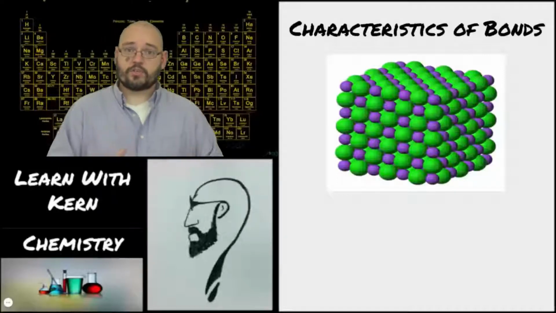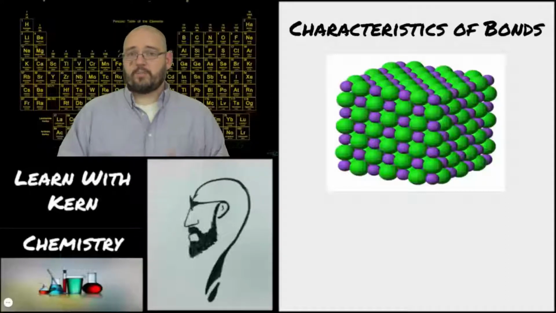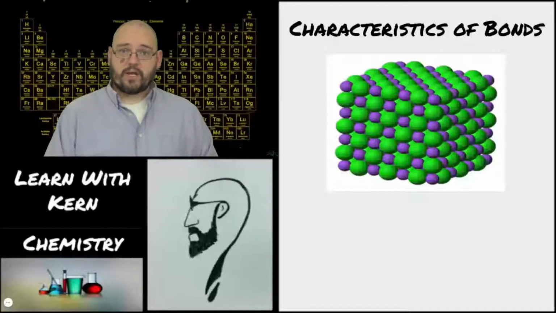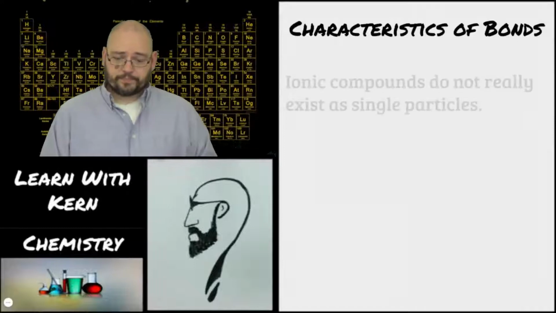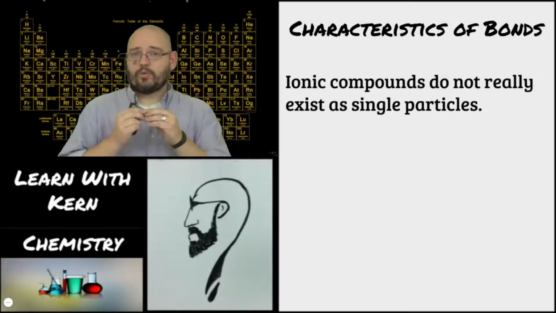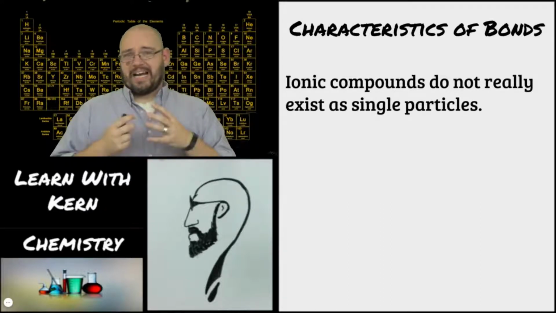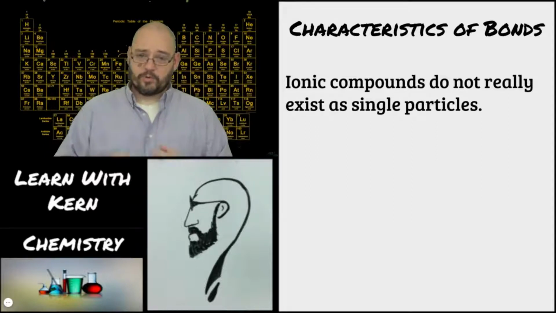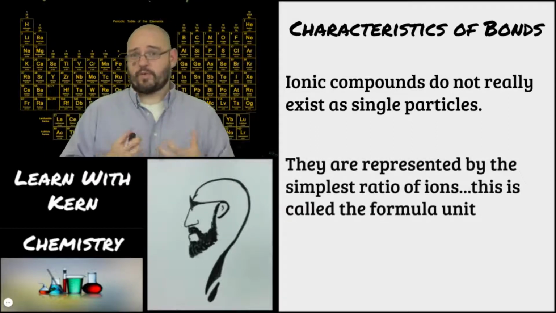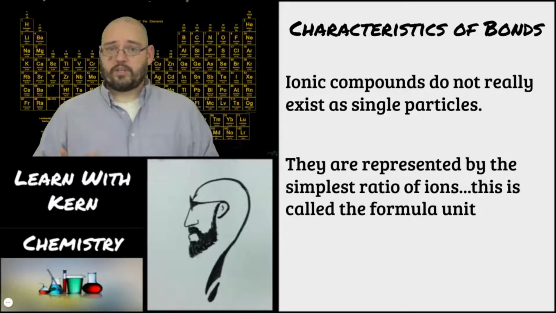The crystal structure of the solid is how the atoms are arranged. Ionic compounds all form a repeating pattern based off the positive and the negative ions. So ionic compounds don't really exist as single particles. Covalent compounds, you have single particles. Ionic compounds, you don't really have single particles. What you have is the smallest possible ratio of positive to negative ions in the compound, and we call that a formula unit.